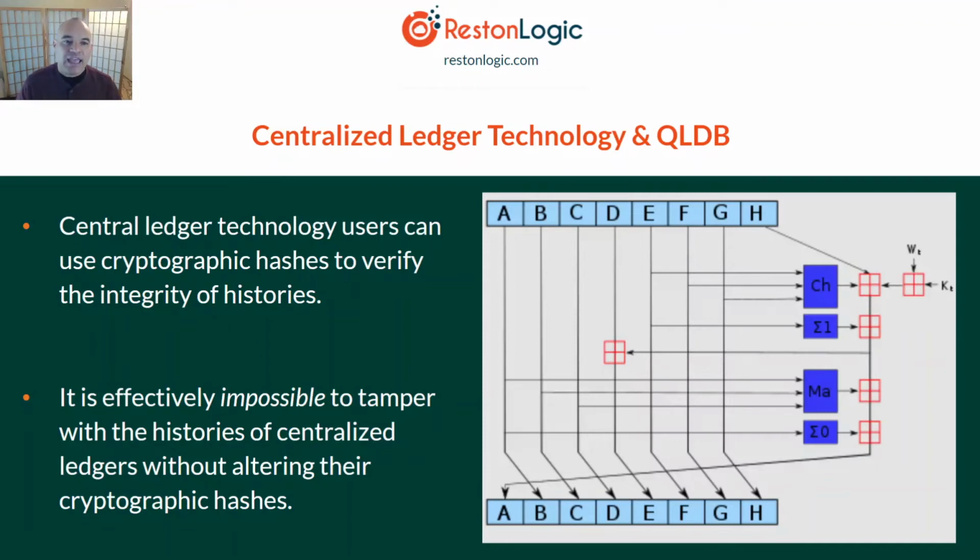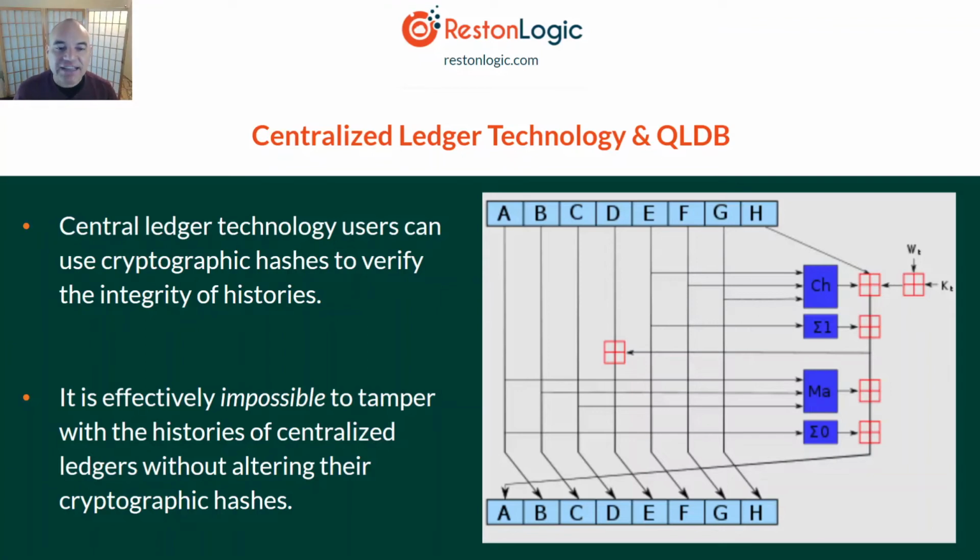And so a centralized ledger can distribute hashes, and users can store those hashes and then use them to quickly verify that they have the complete correct history of a centralized ledger, and so they know all the changes for all time without any risk of undetected tampering and other malicious behavior.